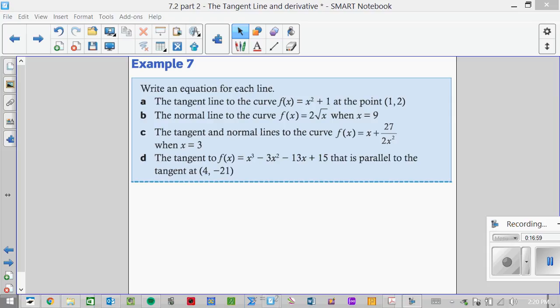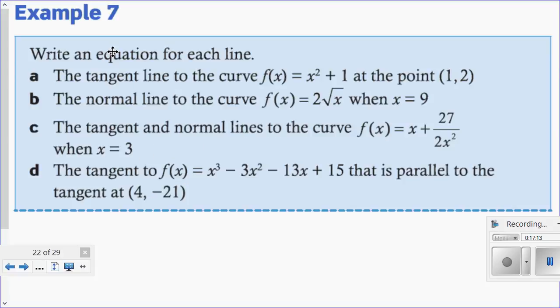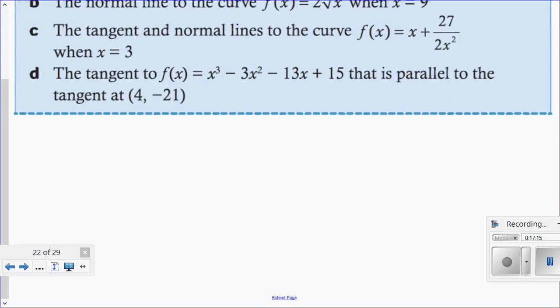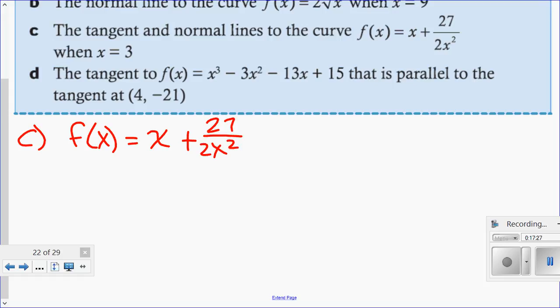All right, it says write the equation for the tangent and the normal lines to the curve f of x equals x plus 27 over 2x squared when x equals 3. So we have our function. f of x is equal to x plus 27 over 2x squared.